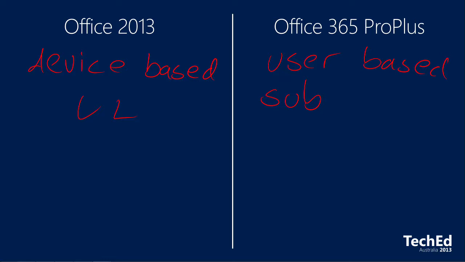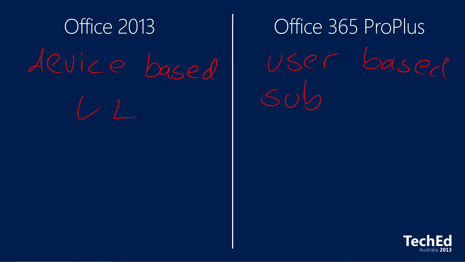Can anyone tell me another difference between Office 365 ProPlus and Office 2013? Yes, up the back. One is a full client. Yep, an MSI-based install. And the other one is? Absolutely correct.